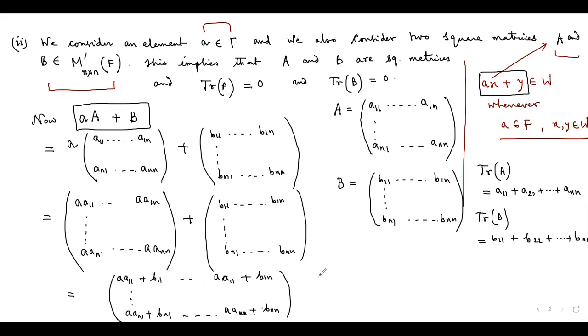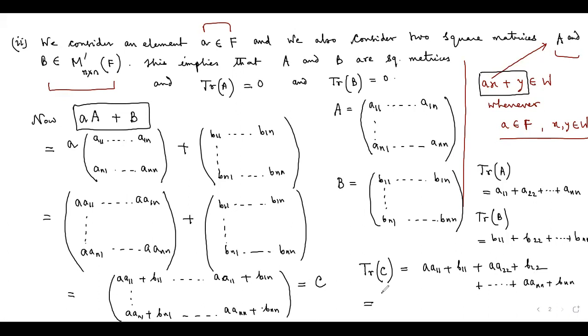You see that I can name this matrix as capital C. If I now take the trace of C, what will I get? We will get aA11 plus B11 plus aA22 plus B22 plus and so on plus aAnn plus Bnn.